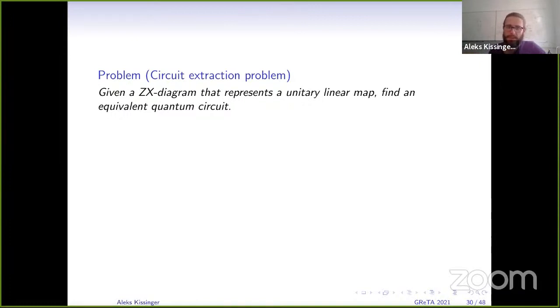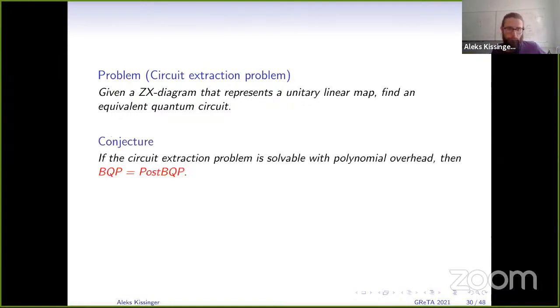And maybe it should say something like with polynomial overhead, because if you can just compute the whole exponentially large matrix, then this is very easy. Maybe this doesn't mean much to this kind of community, but I would conjecture that if you can solve this in general, for an arbitrary such diagram, then this implies some complexity theoretic nonsense.